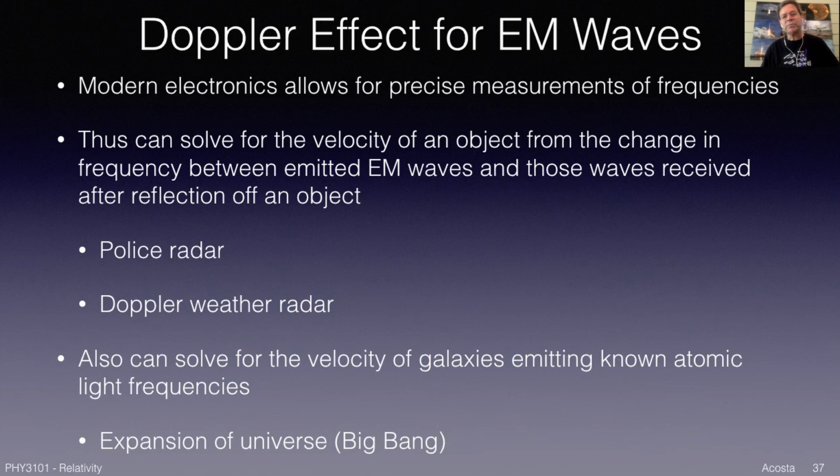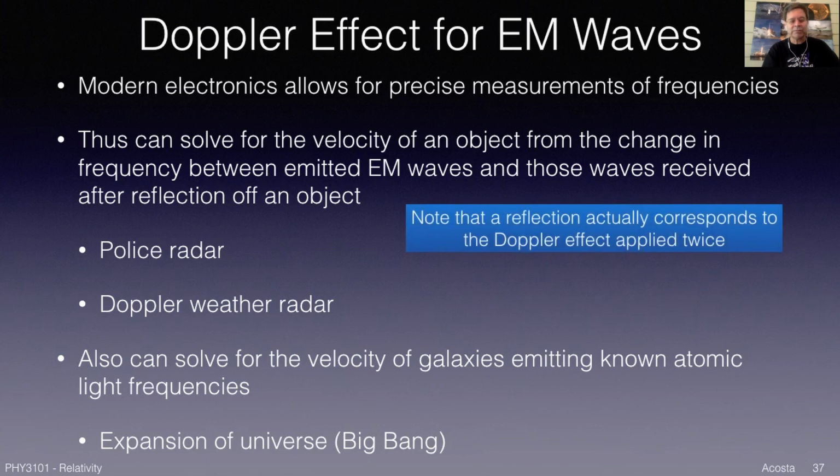So just some examples of how you can put this to use. Now, just one comment. When you are emitting electromagnetic waves and they reflect off of an object like the police radar does or the Doppler weather radar, note that this is actually two effects. It corresponds to the Doppler effect twice. In one case, you are emitting the waves and they're going to be detected, if you like, by the vehicle or the object.